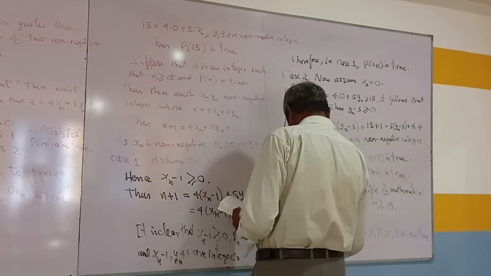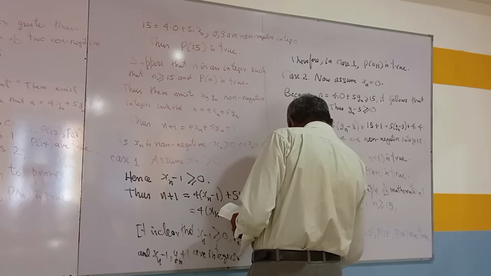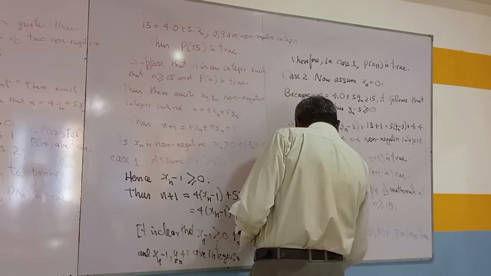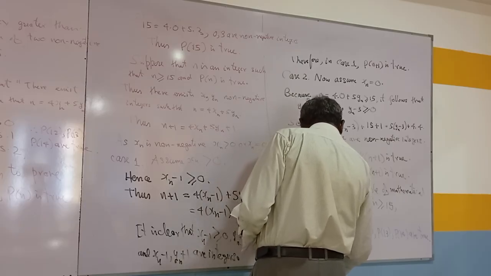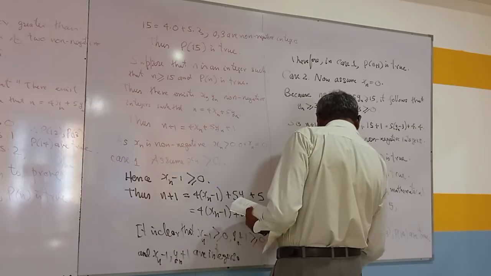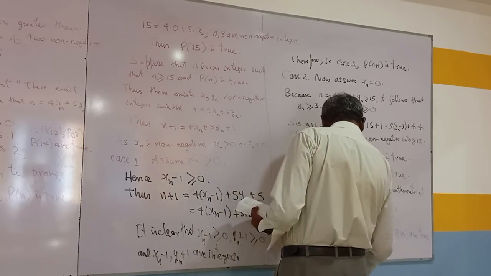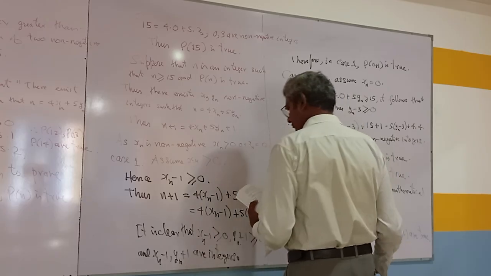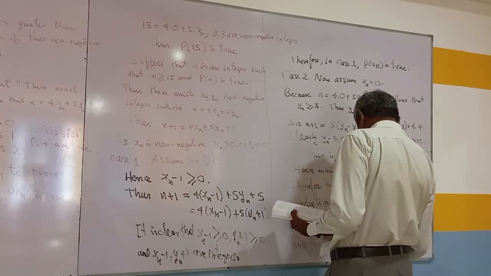Hence, for each n greater than or equal to 12, Pn is true.